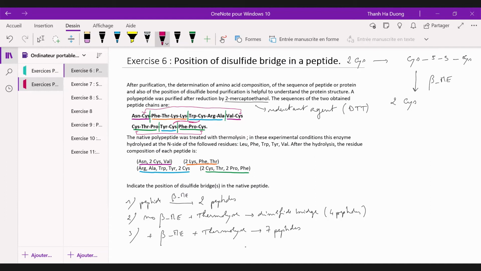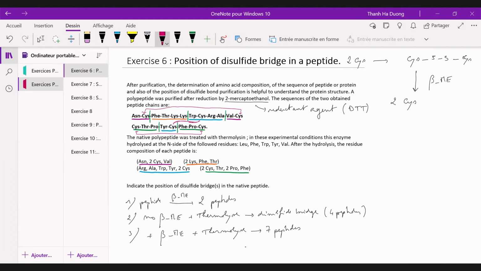Okay. In the first experiment, you only cut the disulfide bridge with the mercaptoethanol, and you obtain the 2 peptides written here in the bold colors. In the second experiment, you don't use mercaptoethanol, so you still have the disulfide bridge, but you use thermolysin.